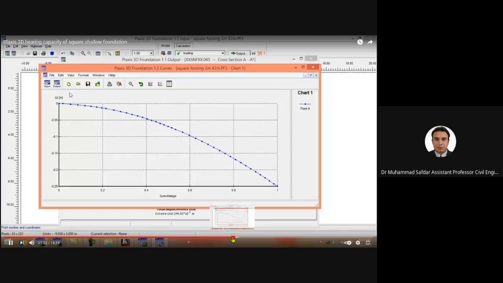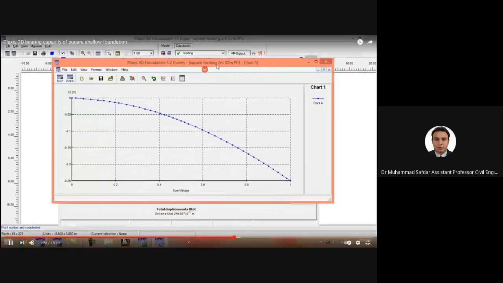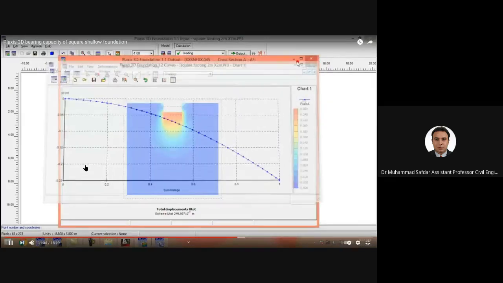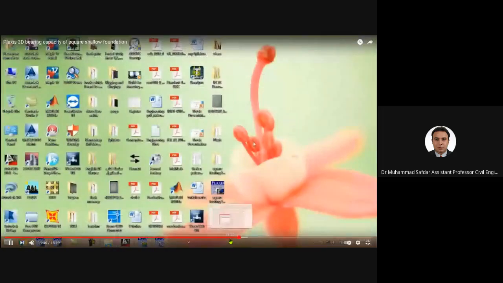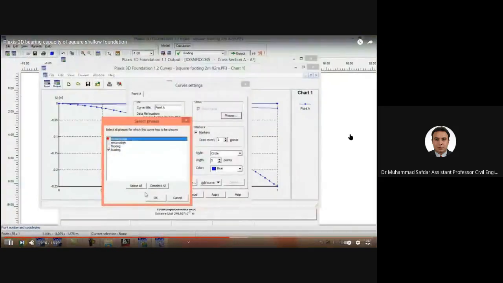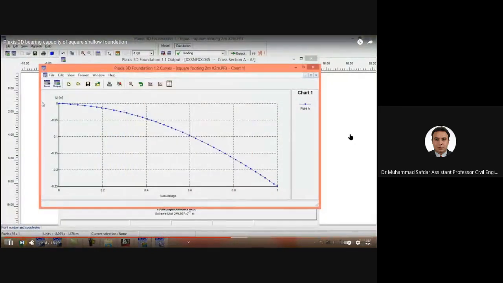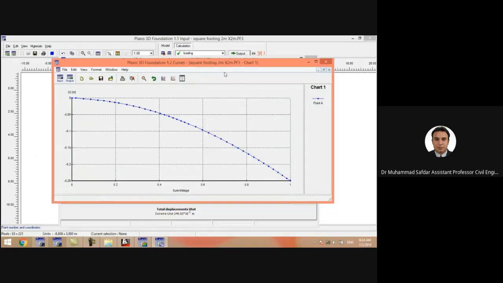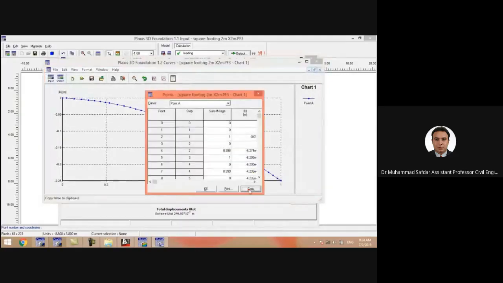So this is the load settlement curve. Now we will see. Okay, let me show you this one here as well, so that you can see how the deformation is occurring beneath the foundation.